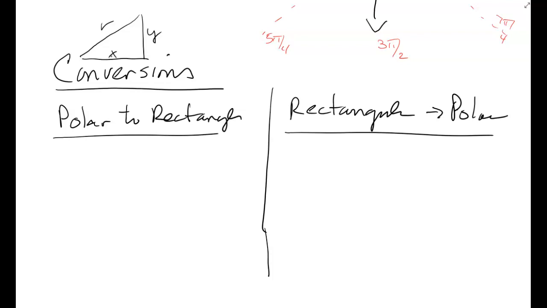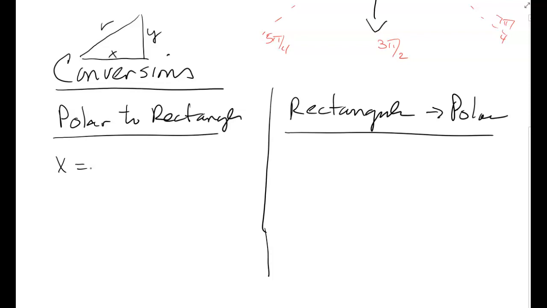So from polar to rectangular means we're starting with polar coordinates and we want an x and y coordinate. So x, well, we know x represents cosine, right? But it only represents cosine on a unit circle. It's technically 1 times cosine, but because on a unit circle the radius is 1, we don't have any number there.